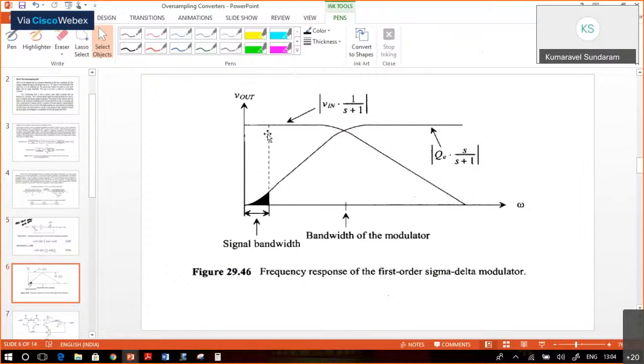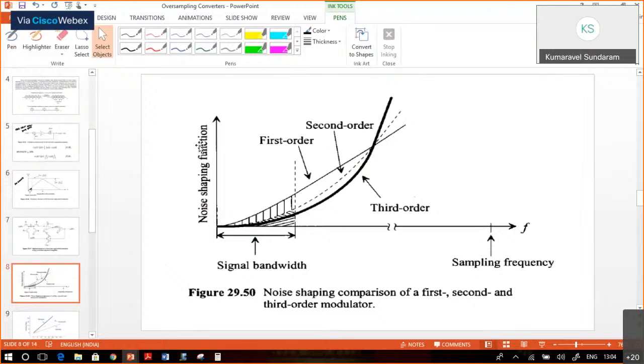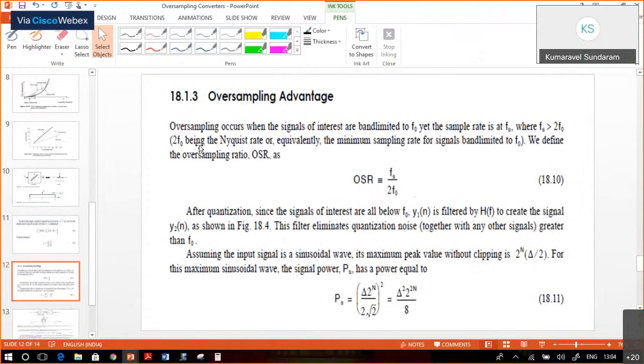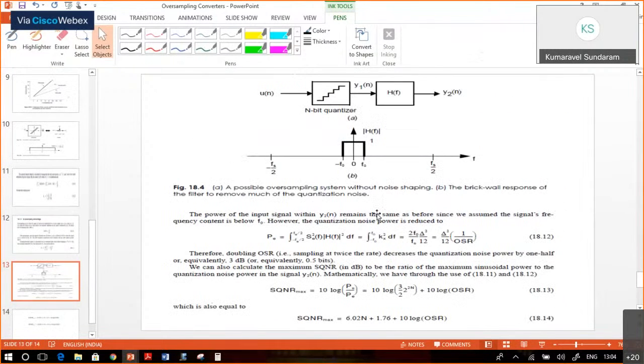Generally for Nyquist rate, the SNR is given as 6.02 n plus 1.76, whereas for this first order filter, I'll just go with the final equation. Here you observe that with a first order modulator, it is 10 times log of OSR, the oversampling ratio.